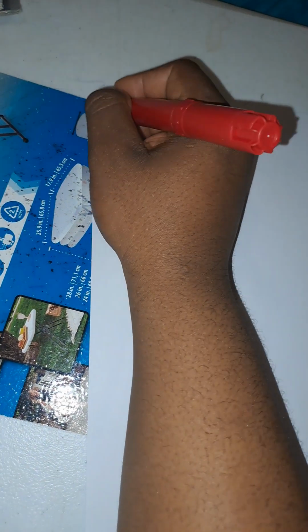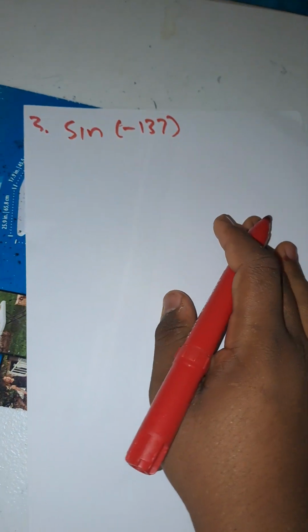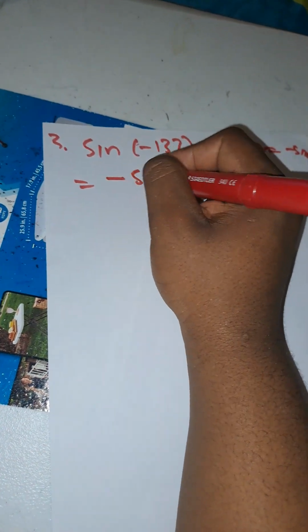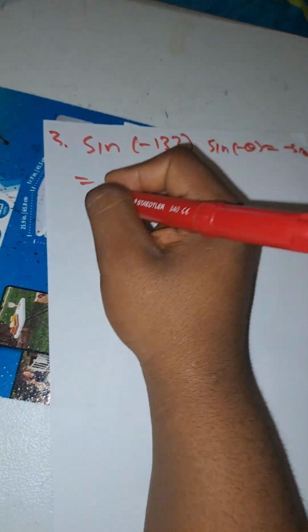The third example there. So let's go to number 3, which is what? Sine negative 137. So it is the same as sine negative theta. Remember my negative angles that I showed you. Sine negative theta, it is the same as negative sine theta. So negative sine 137.